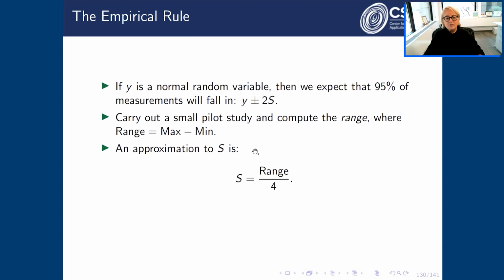And so one thing you could do is carry out a tiny pilot study and compute the approximate S using the range. So the range is just max minus min. And so an approximation to S from a tiny, tiny, tiny sample is the range divided by 4.